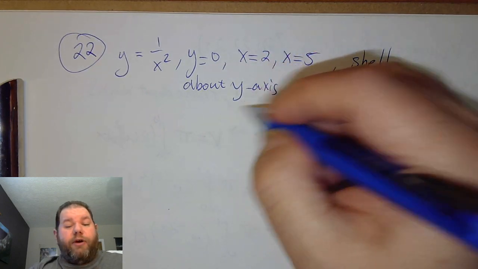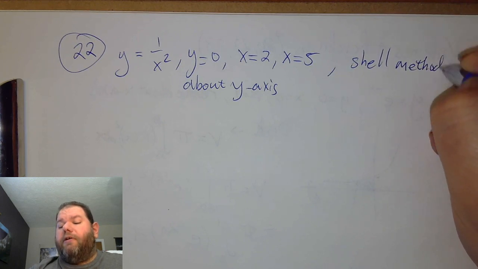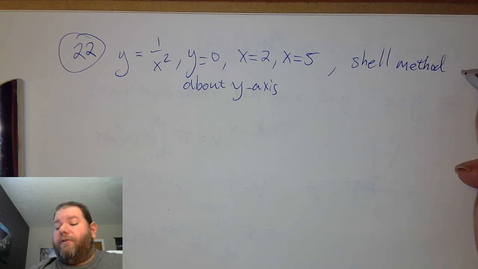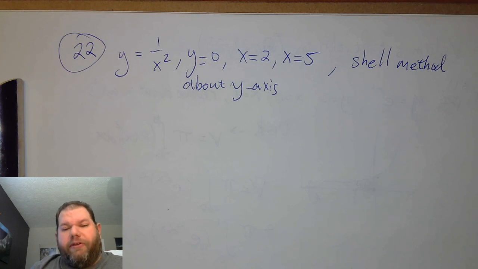Anytime we're going about the y-axis, the shell method is probably the easiest, especially in this particular problem. If we use the shell method around the y-axis, that means we can still use our x variables for everything and not the y variables. And that's an important difference to remember.